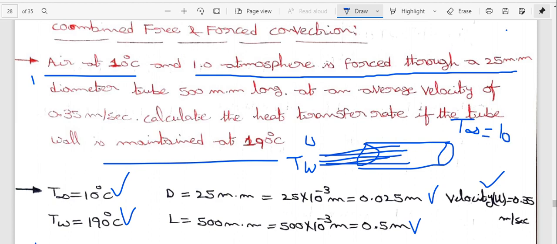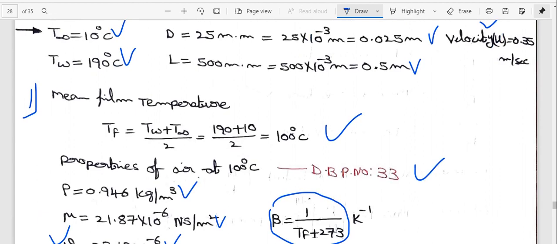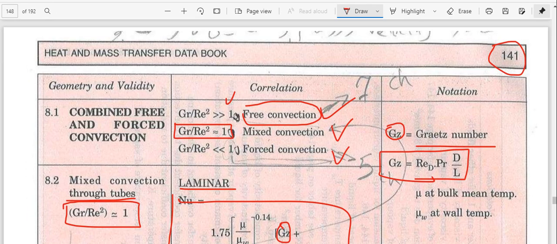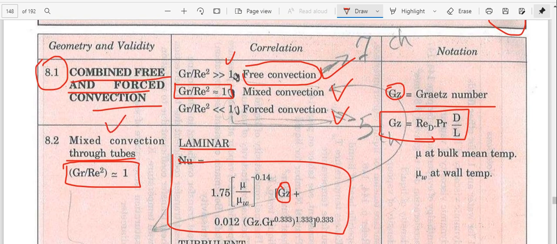In this case free convection and forced convection are both possible. That's why I am considering the mixed free and forced convection formula from data book page number 141, this is 8.1. The geometry and validity is combined free and forced convection. I am considering the mixed convection through a tube problem, that means laminar.